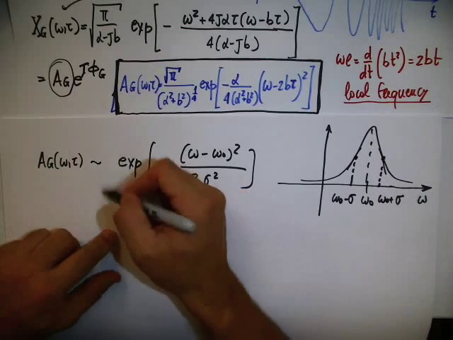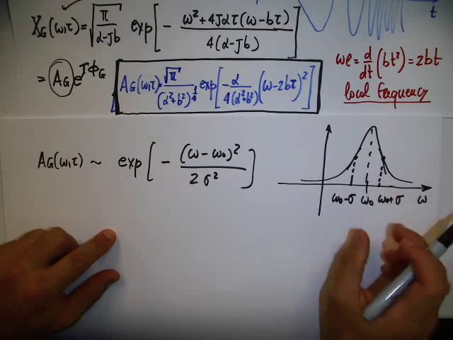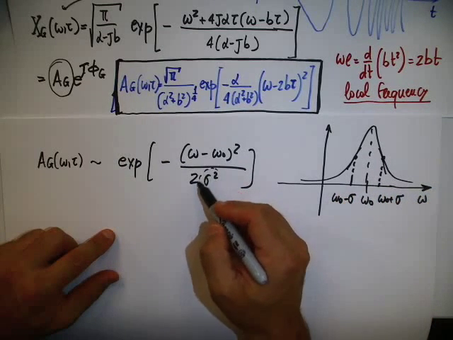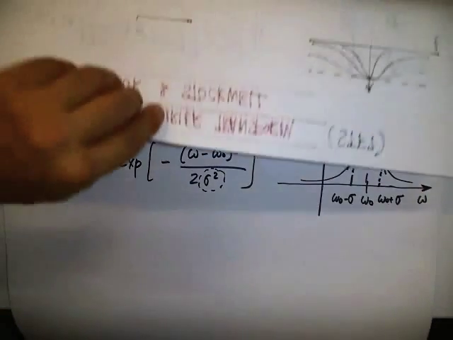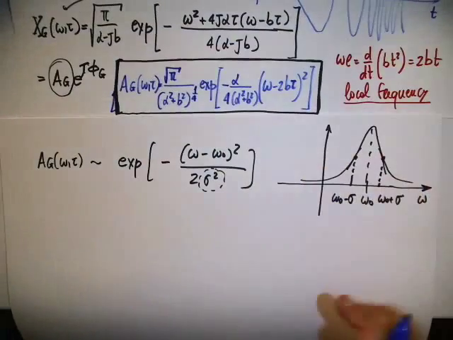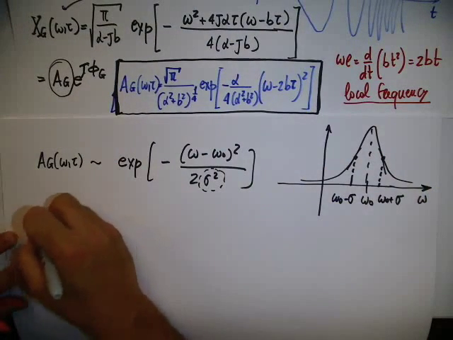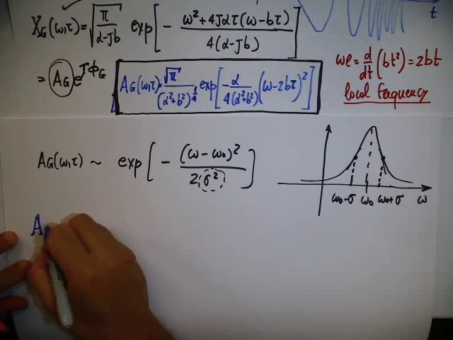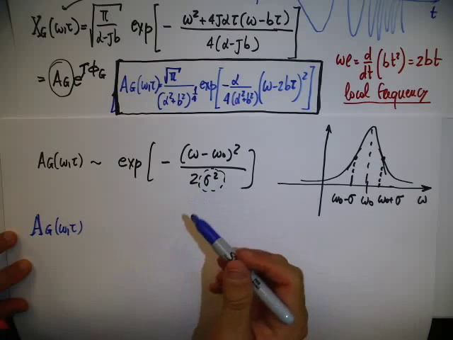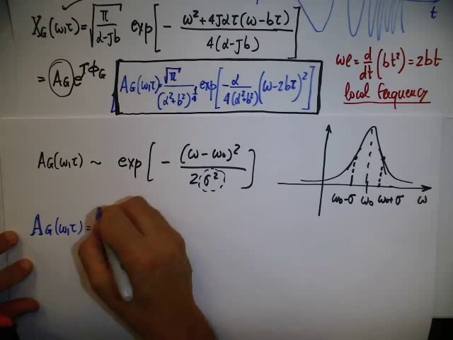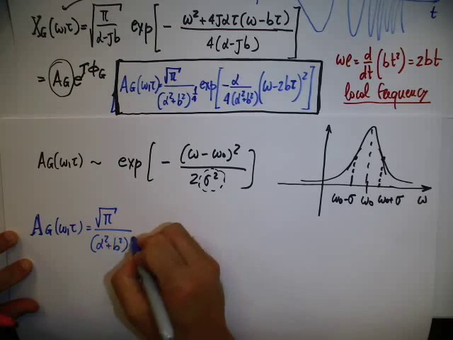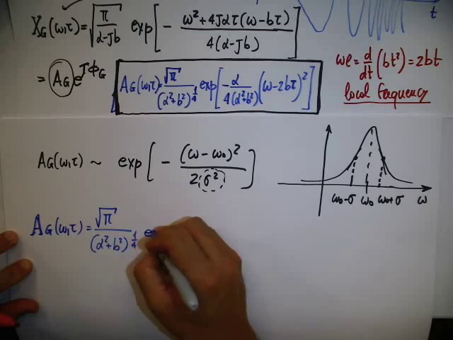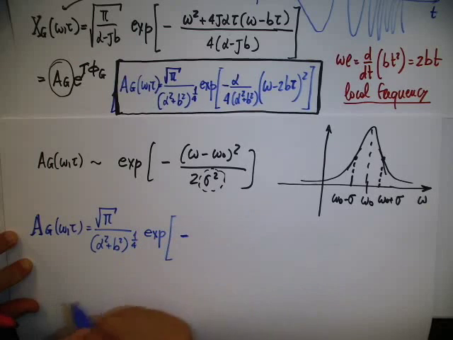Okay. So I don't care about the amplitude in this case. So we just worry about the width, which is given by this quantity. So now, if we compare these two quantities, we can rewrite A_g of omega, tau in this form: square root of pi divided by the square root of alpha squared plus b squared, times exponential of minus.